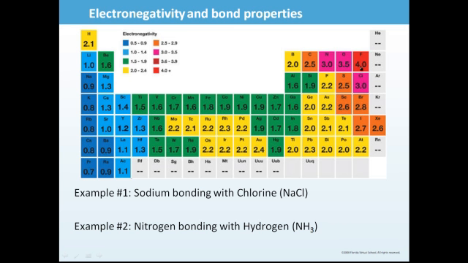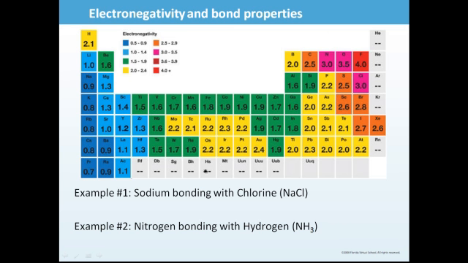So fluorine has the highest, 4.0, and down here at the other corner, francium has 0.7. And if you go back to 3.03 and we talked about periodic trends, that would make sense, right? Because as we're going down a group, electronegativity is getting smaller, and as we're going left to right across the table, electronegativity is going up.